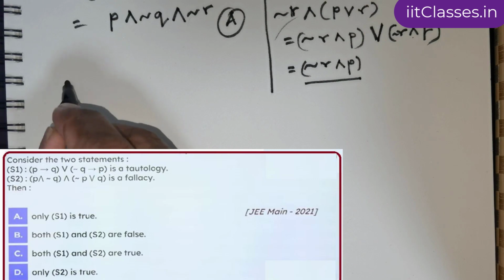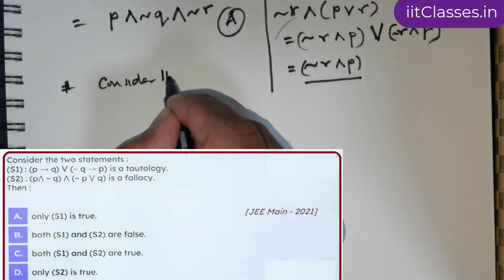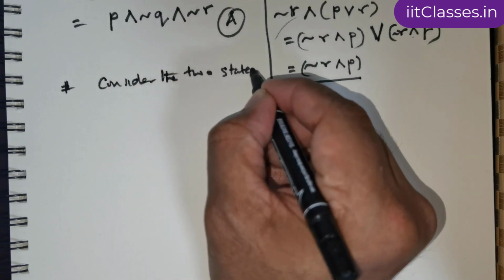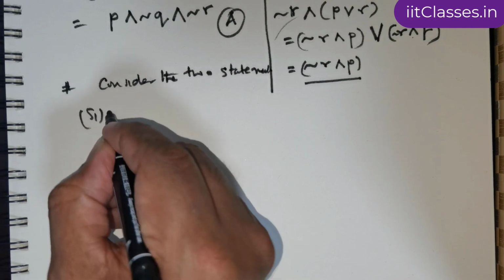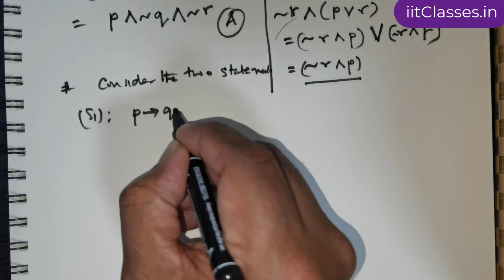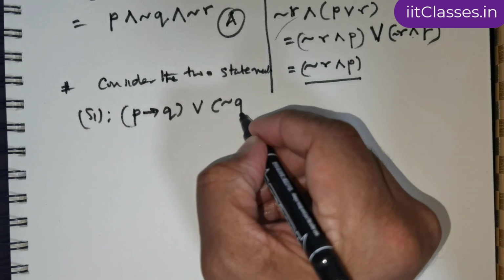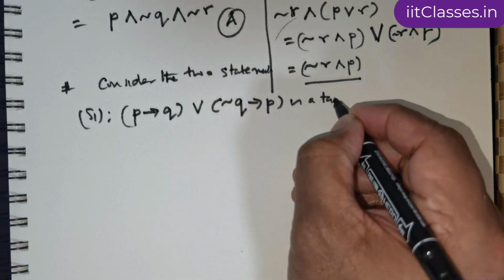So that is the solution for this question. Let's do this question, students. We've been given, consider the two statements. So it's represented as S1. We've been given P conditional Q disjunction negation of Q conditional P is a tautology.